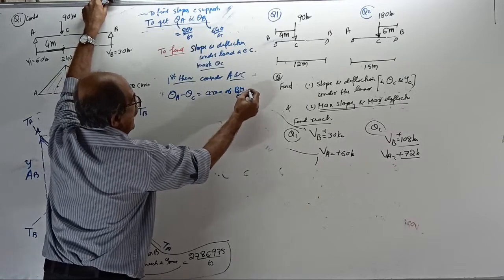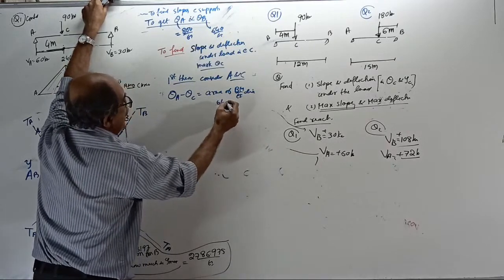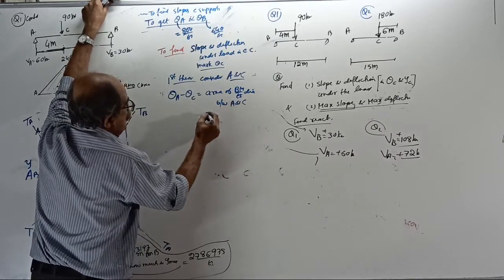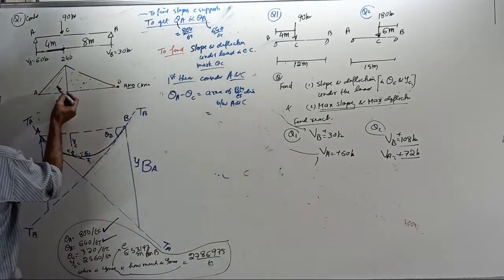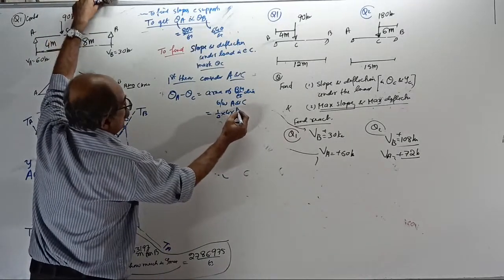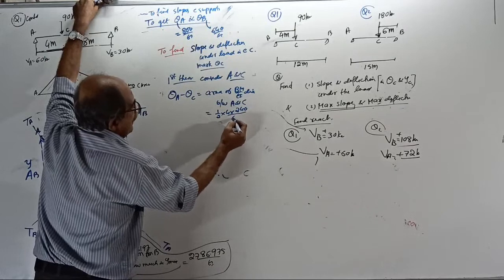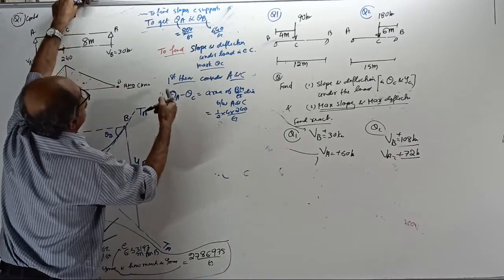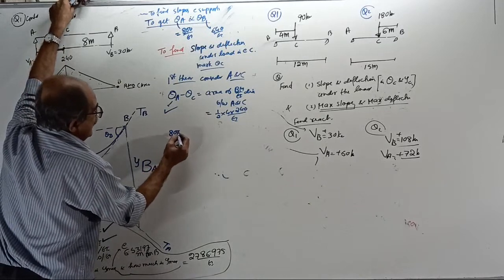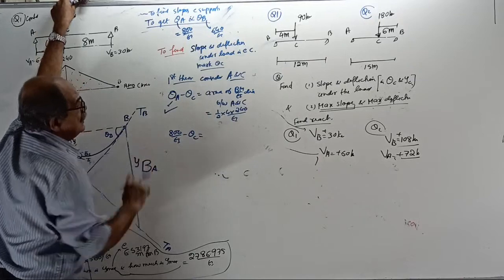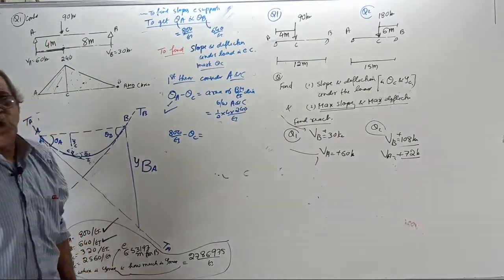BM by EI diagram between A and C, one triangle, half into 4 into 240, divided by EI. Now, theta A is already known. Substitute theta A: 800 by EI minus theta C equals half into 4 into 240.